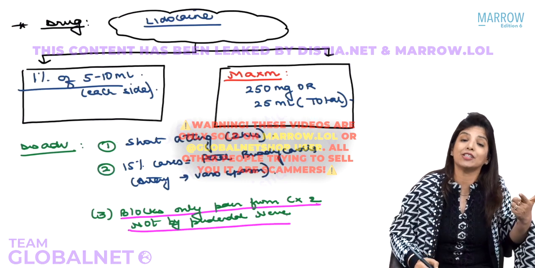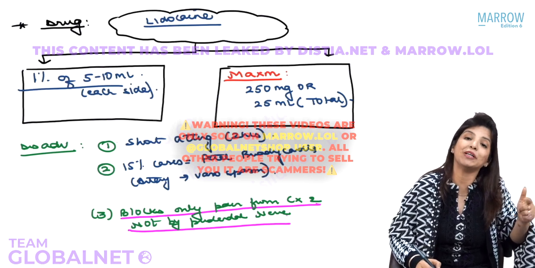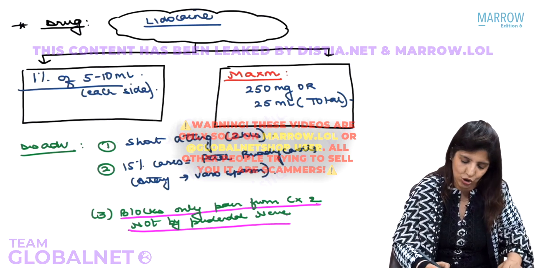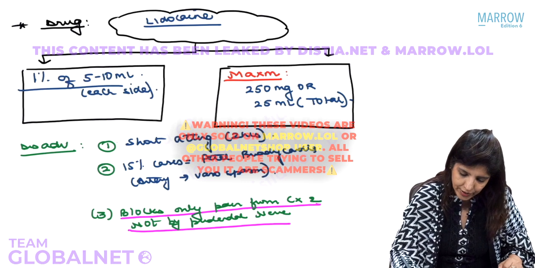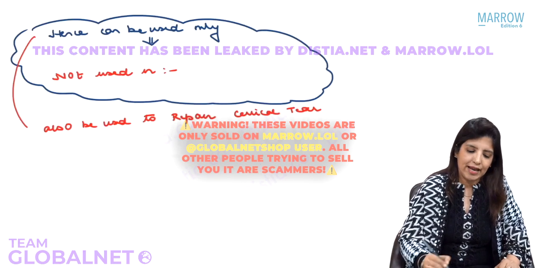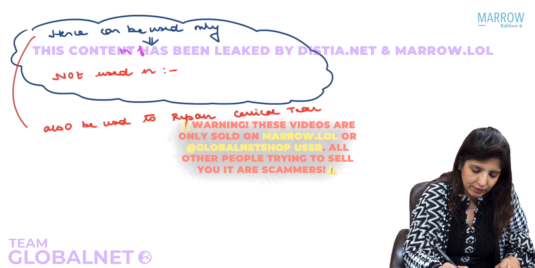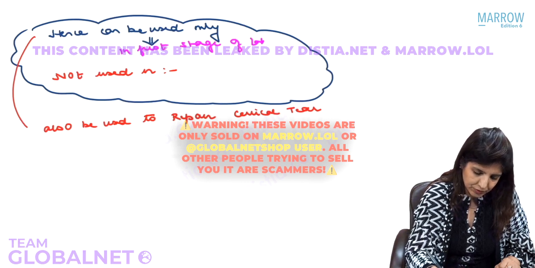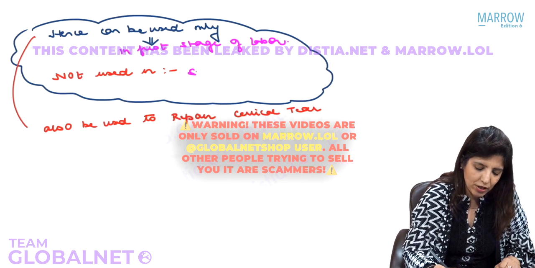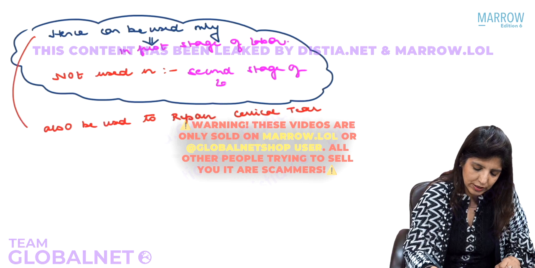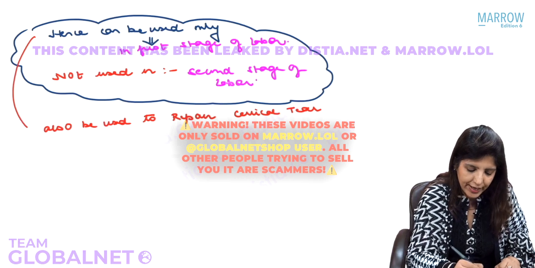So it is not used in the second stage of labor. It is used only in first stage of labor, right? So hence it can be used only in first stage of labor. It cannot be used in second stage of labor, right?